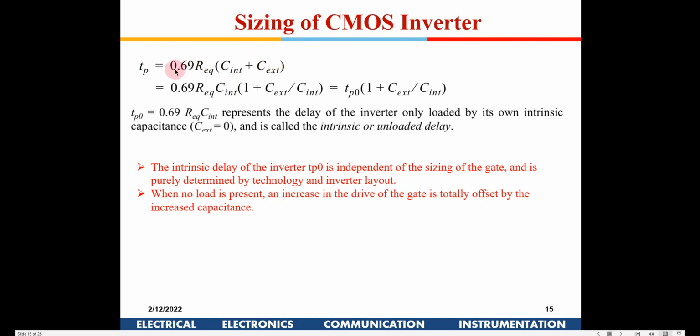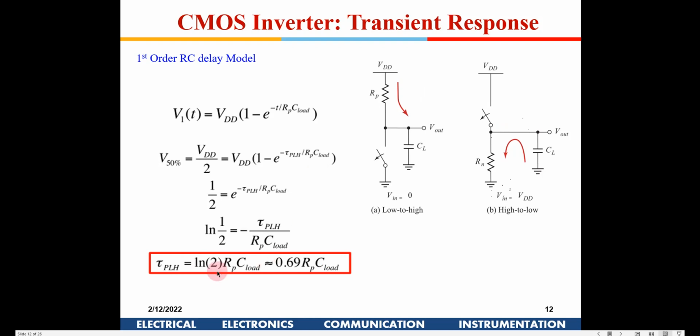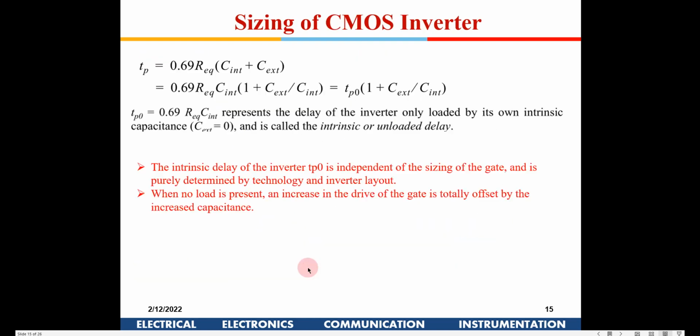Now if you see the delay of a CMOS inverter, if I go with the third model which we just saw here, we are going to use this model. So if I write it as R equivalent, and the capacitance I am going to divide into two.